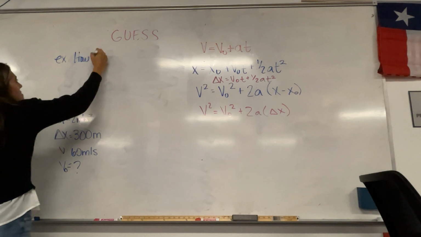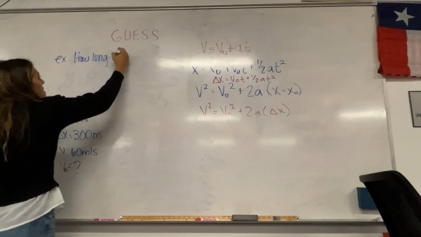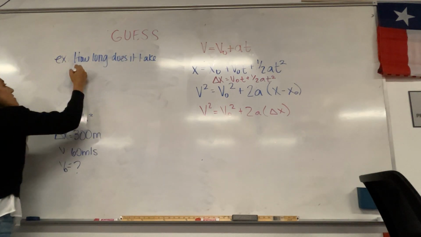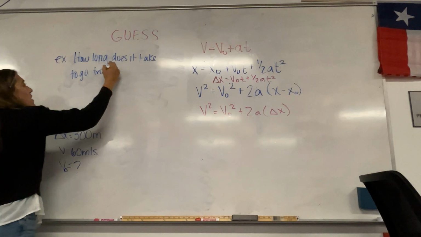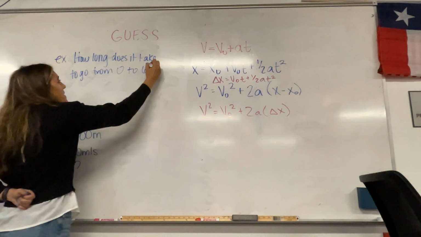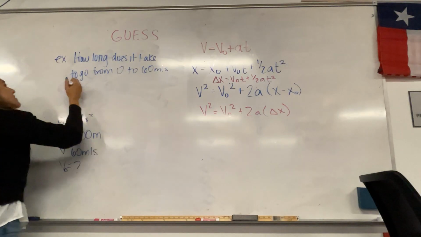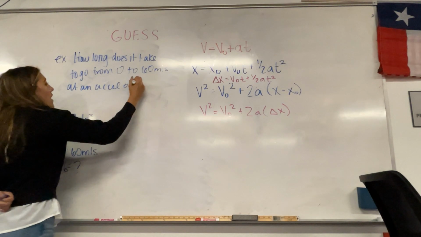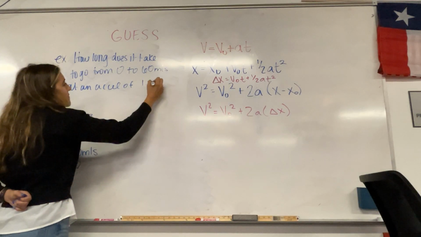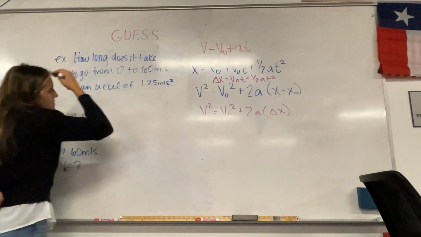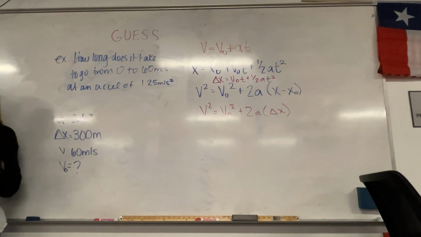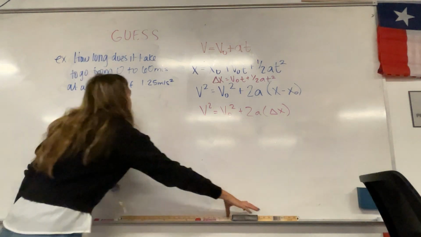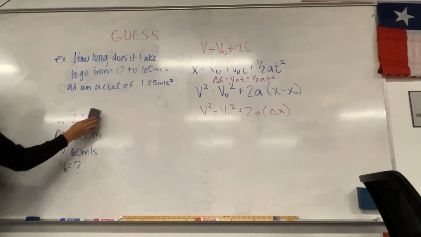How long does it take to go from 0 to 60 meters per second at an acceleration of 1.25 meters per second squared? How long is it going to take me to go from 0 to 60 with an acceleration of 1.25?